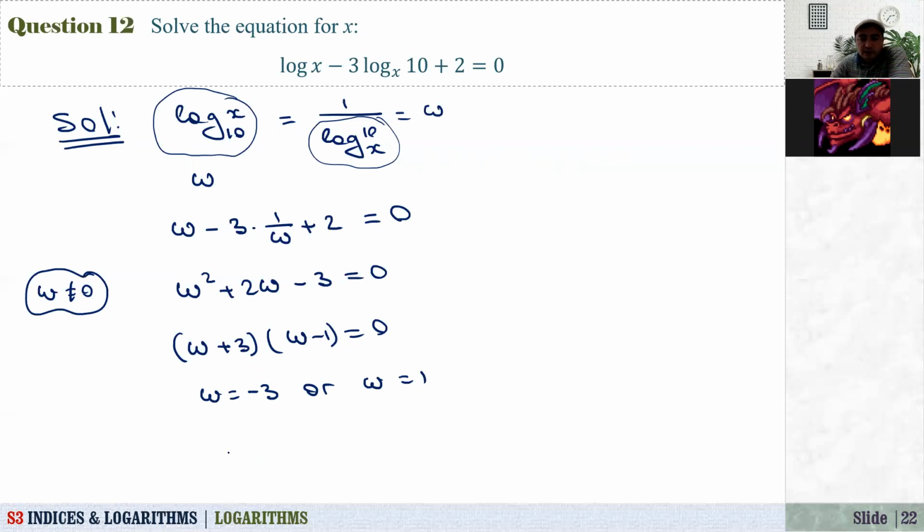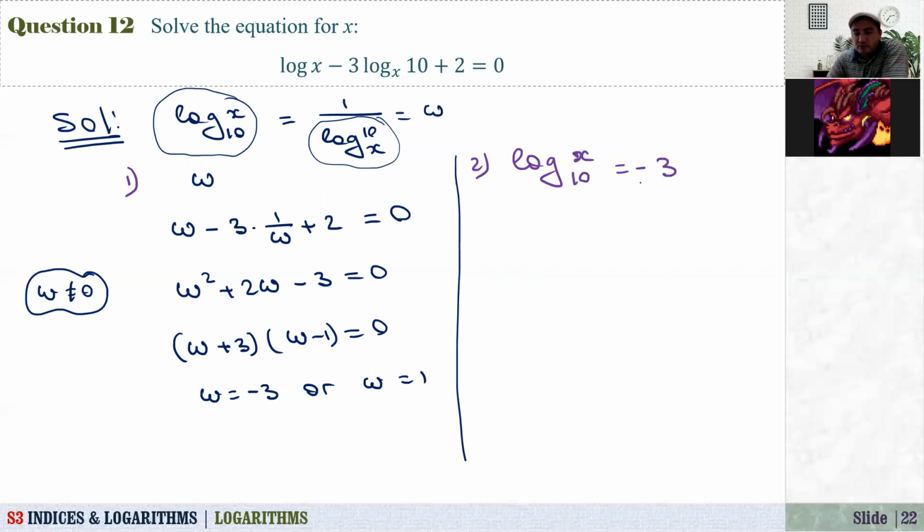What is w? w is logarithm of x to the base 10. The first one is negative 3.